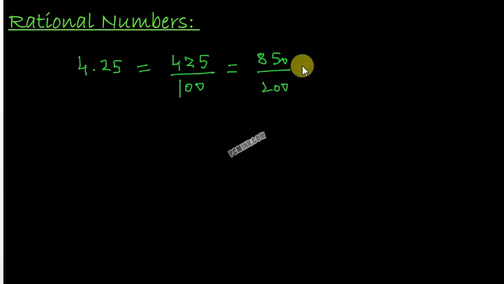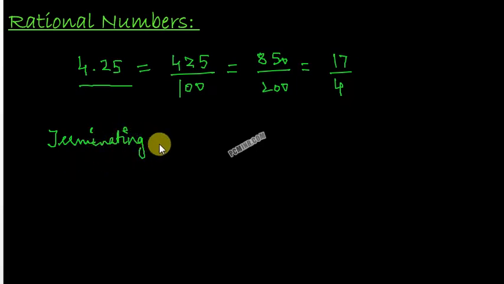Or if you simplify it to the smallest terms, you will get 17 by 4. Every time, 4.25 can be expressed as a ratio of two integers. But mind it, the decimal which I have opted is a terminating decimal. So this means that a terminating decimal number also belongs to rational numbers.